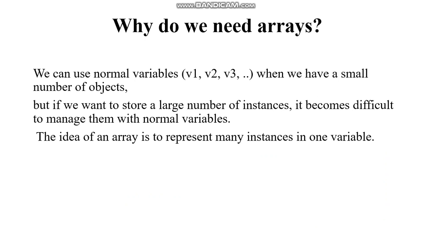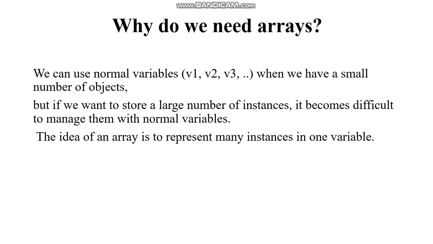Suppose we want to find the sum of 100 different numbers. Let me give you an example. Suppose we want to find the total salary of 100 persons working in an organization. For each employee there will be one salary, which is to be stored in one variable. So 100 different variables would have to be declared.